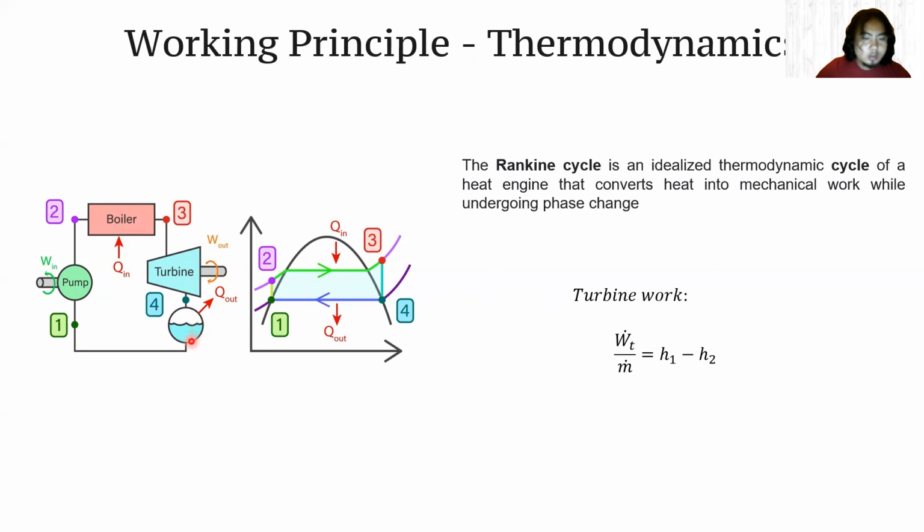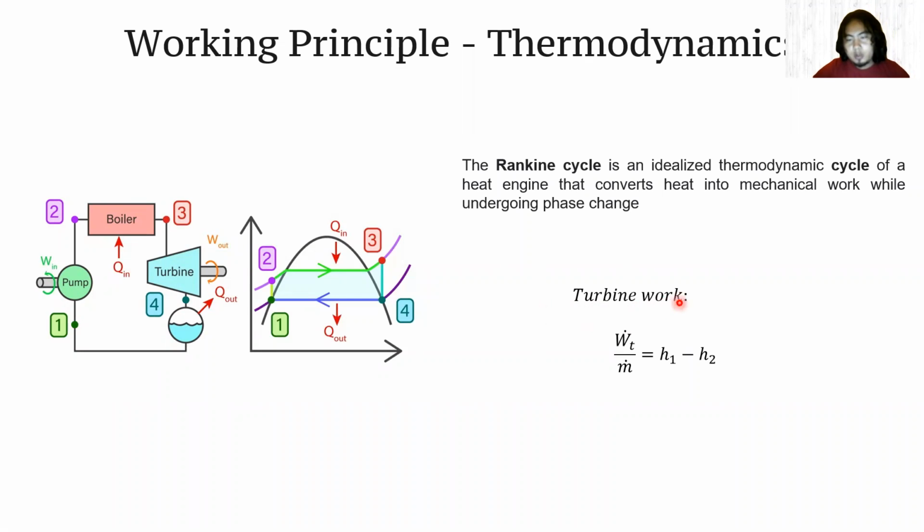Then the liquid is sent into the pump, and with the help of the pump, the water is sent into the boiler, so it creates a cycle. Therefore, it is called the Rankine cycle.